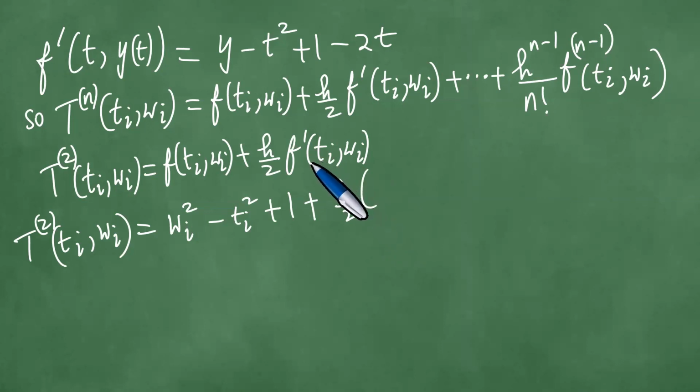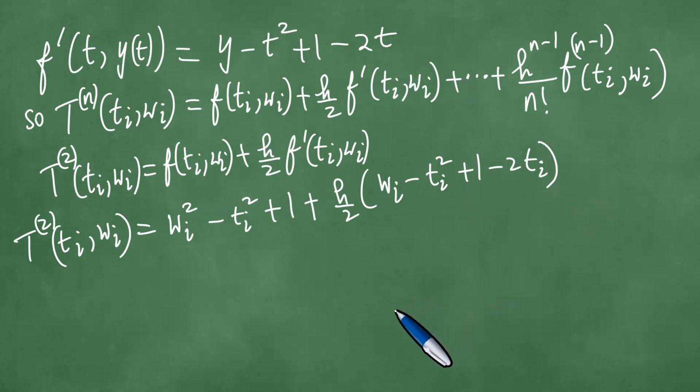Now you find the derivative. It's this one here, which is wi minus ti squared minus 2ti. This is what we have.